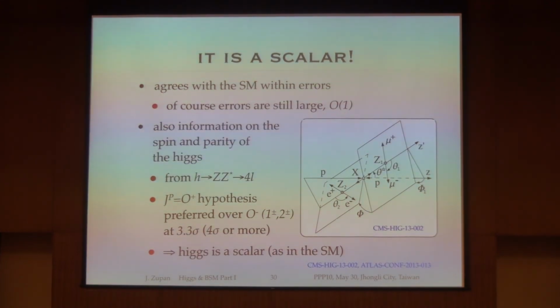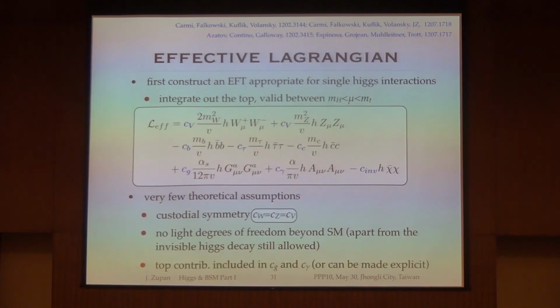So therefore you have sensitivity to the spin and parity of the initial state. And the scalar is preferred over the other options at more than 3 sigma or more than 4 sigma for these more exotic options. So it is a scalar. I think it's quite safe to say it is a scalar, the same thing as in the standard model.